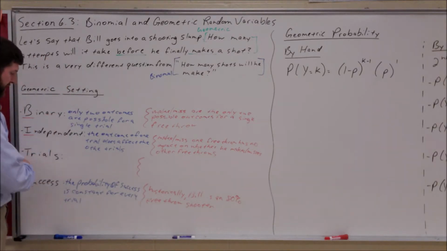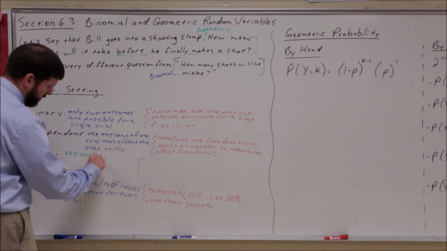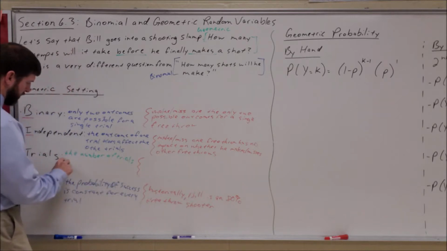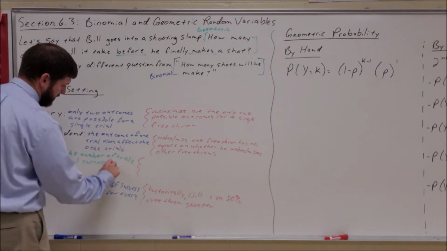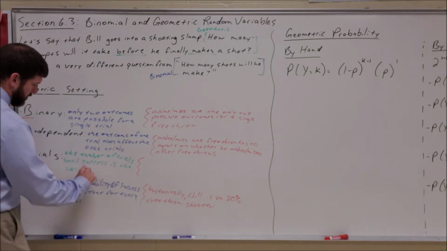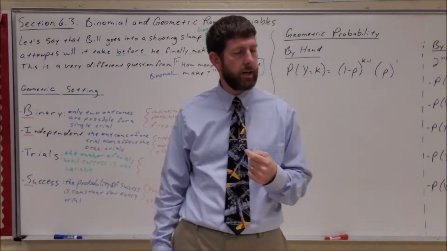So the number of trials until success is the variable. In a binomial setting, you know I'm going to attempt this many times, and you're asking how many successes.